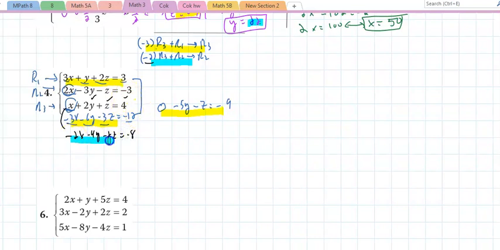And now if I add this to the second equation and put the result in the second row, -2x plus 2x is 0, -4y minus 3y is -7y, minus 2z minus z is -3z, and -8 minus 3 is a -11. And the first equation, I'm gonna keep it as is.